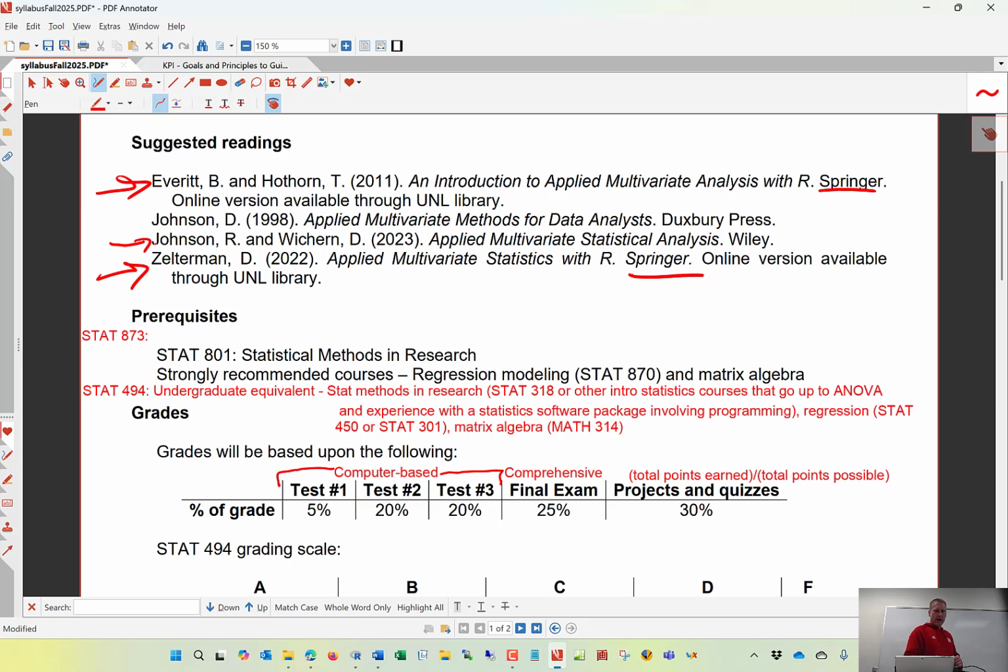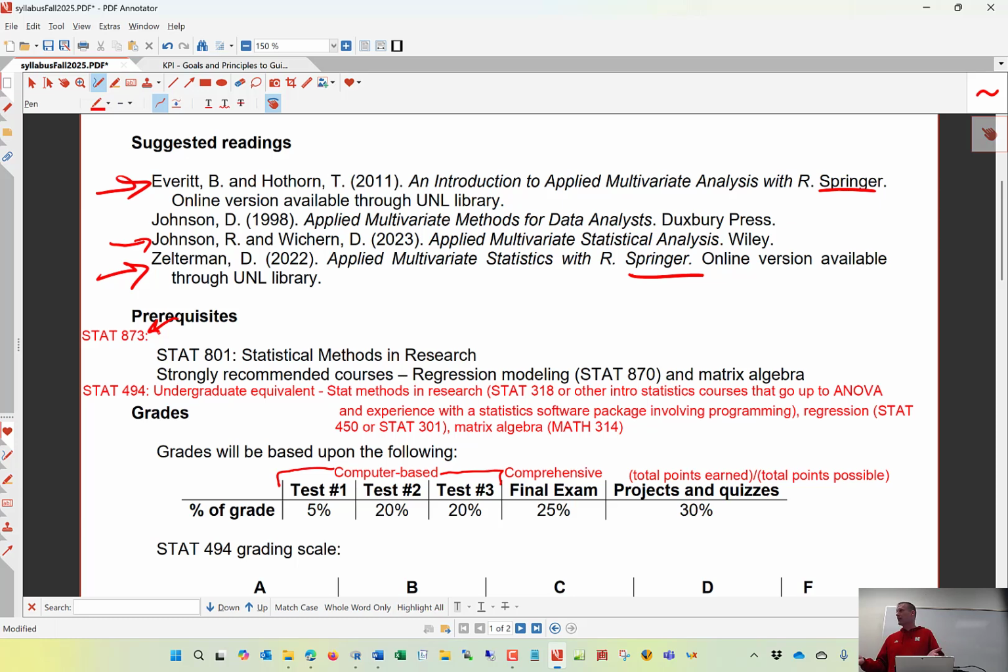In terms of the prerequisites, first let's talk about Stat 873 students. This is defined in the catalog: Stat 801, Statistical Methods and Research. Basically what that means is that you need to have an introductory stat course that talks about probability distributions, intro to hypothesis tests, intro to confidence intervals, simple linear regression, and various experimental designs such as completely randomized designs and randomized complete block designs.